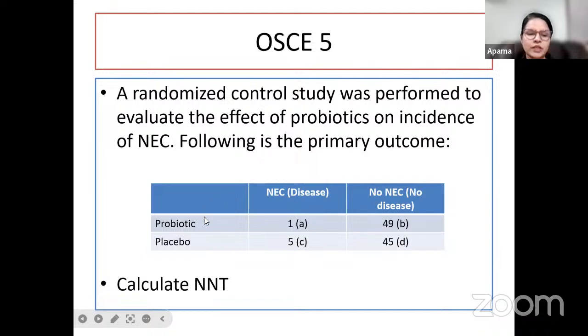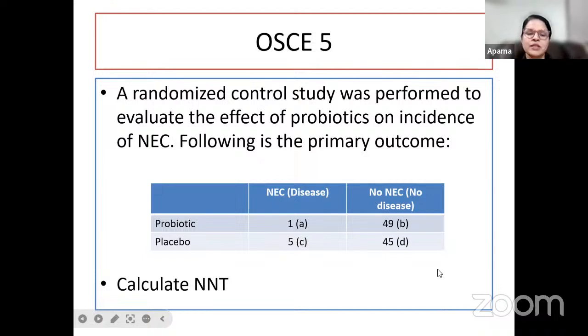So you have the interventions here on the rows, probiotics and placebo. So the incidence of NEC in the probiotic arm was 1 divided by 50. So there was one baby who developed NEC and 49 with no NEC. Whereas in the placebo group, you had 5 with NEC and 45 with no NEC. So the incidence of NEC in the probiotic group was 1 by 50.